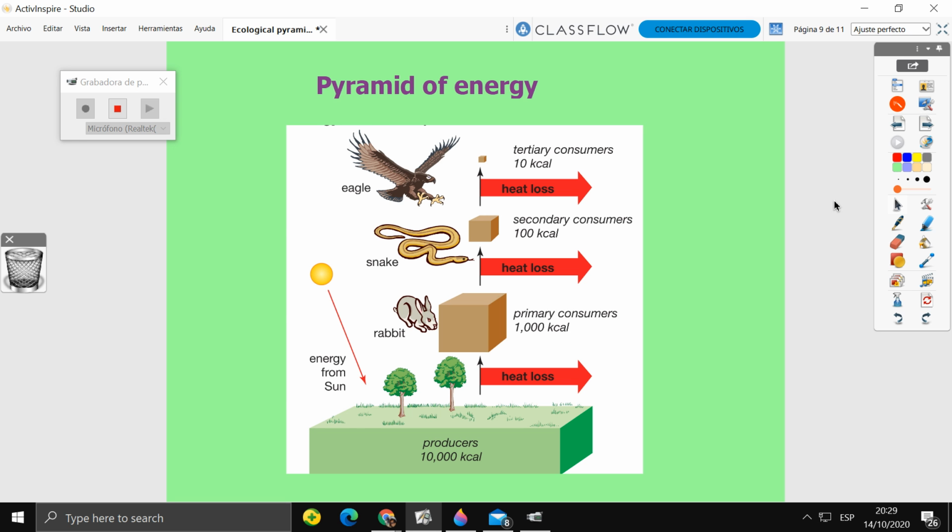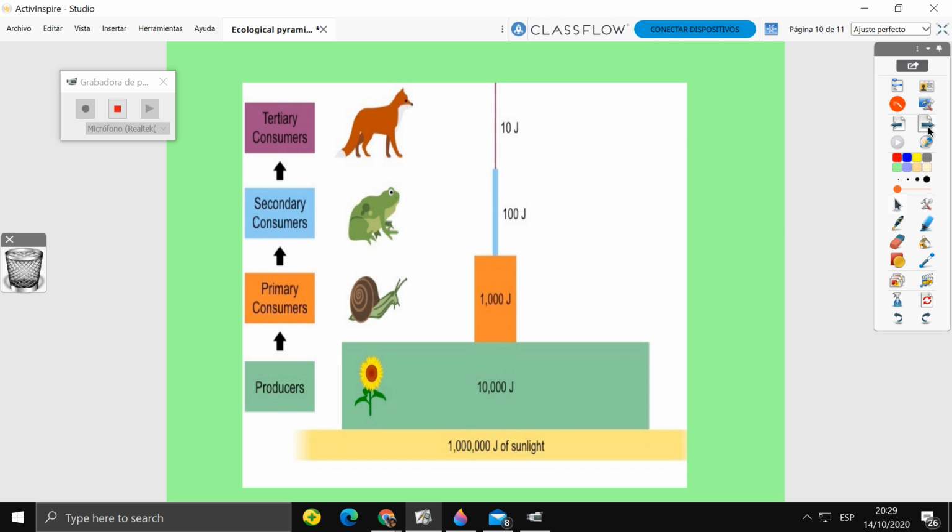So, despite all this loss of energy, there is still enough energy available to support at least some of the trophic levels. In this pyramid, you can see that from all the energy that enters the planet as sunlight, as electromagnetic energy, only part of that energy can be trapped by producers.